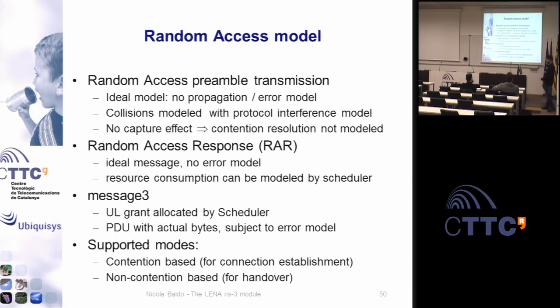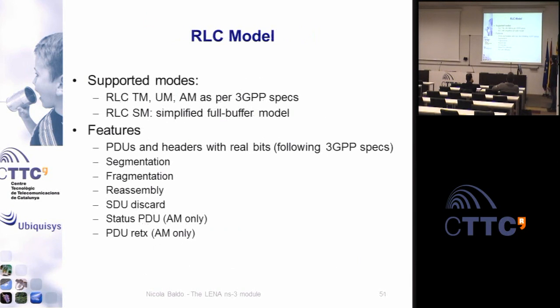The RLC model, as I said, is pretty much accurate in the sense that we have our own implementation of the protocol, which models a lot of the features that you actually find in 3GPP specs. We support segmentation, fragmentation, reassembly, discard of SDUs, and for the particular case of RLC AM, we support status PDUs and retransmission. This is everything as per the 3GPP specs.